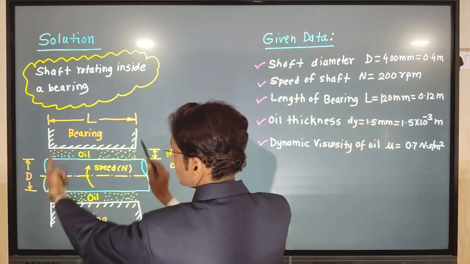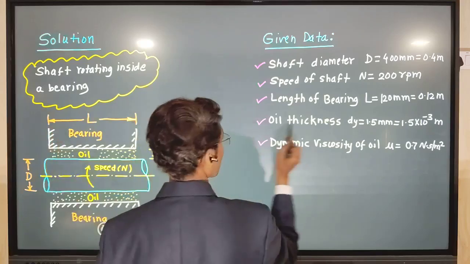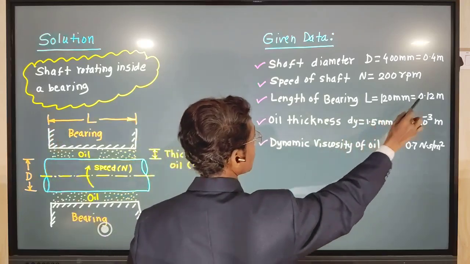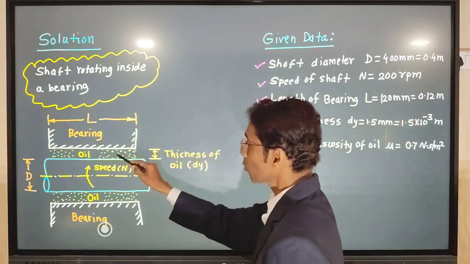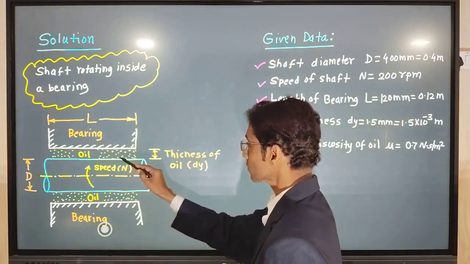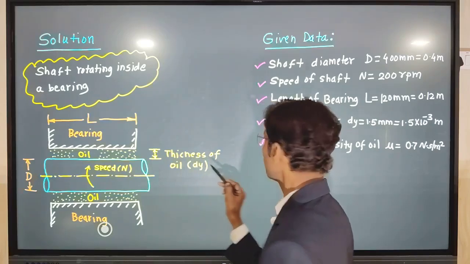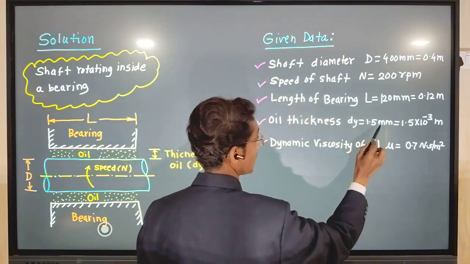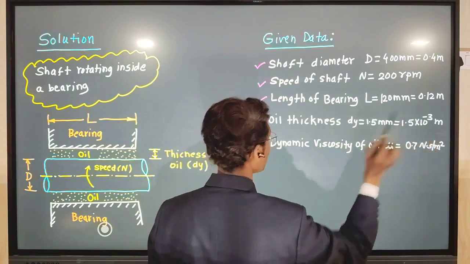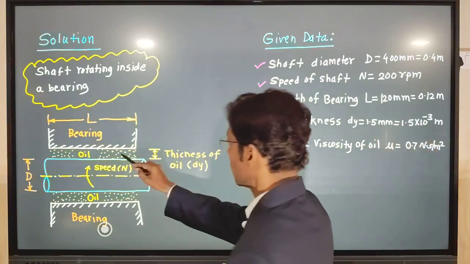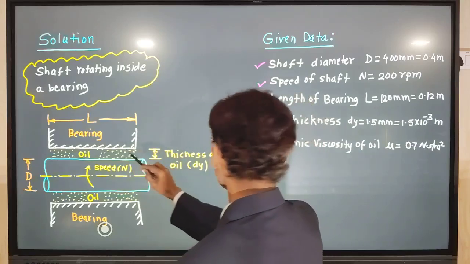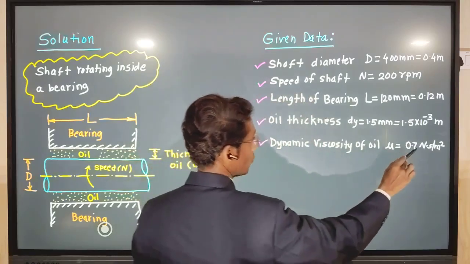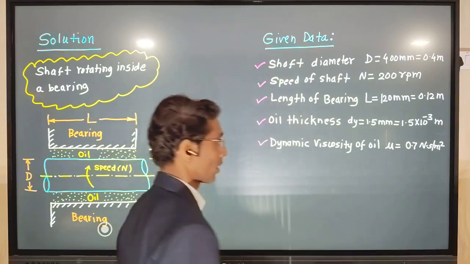Length of the bearing, L, is in mm, which we also convert into meter. Thickness of the oil, dy, is given in mm, converted into meter. And the dynamic viscosity of this oil is given in Newton second per meter square.